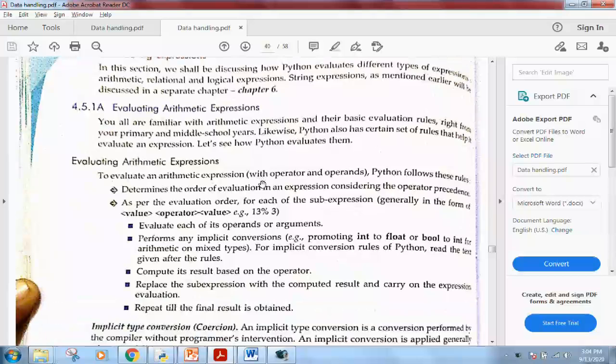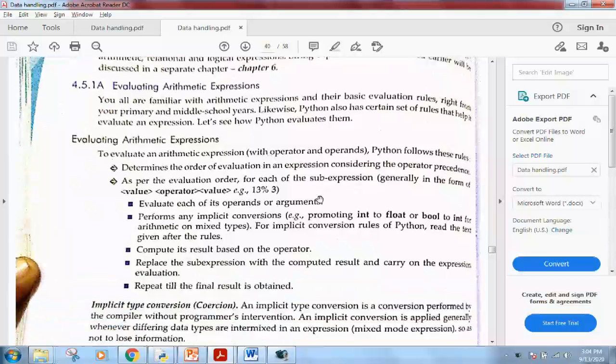You must first determine the order of evaluation in an expression. It means you have to decide which operators are going to be solved first. I will tell you which operators in arithmetic take more priority than which one. Then you solve them.